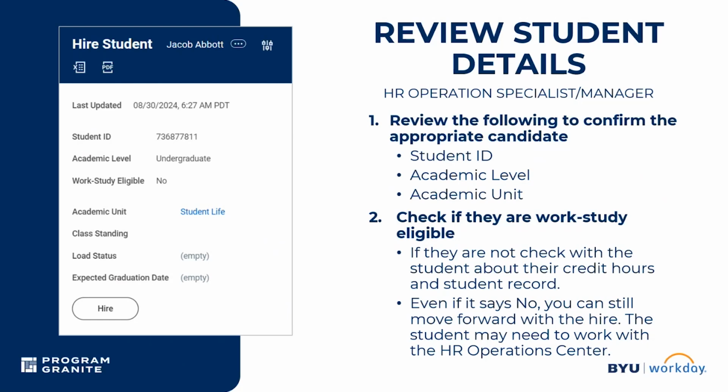On this report as well, it's going to tell you if they're work study eligible. So you're going to check that. If they're not, that's maybe a good time to check with the student about their credit hours, about their student record. Is there something they need to fix to make sure they are work study eligible?